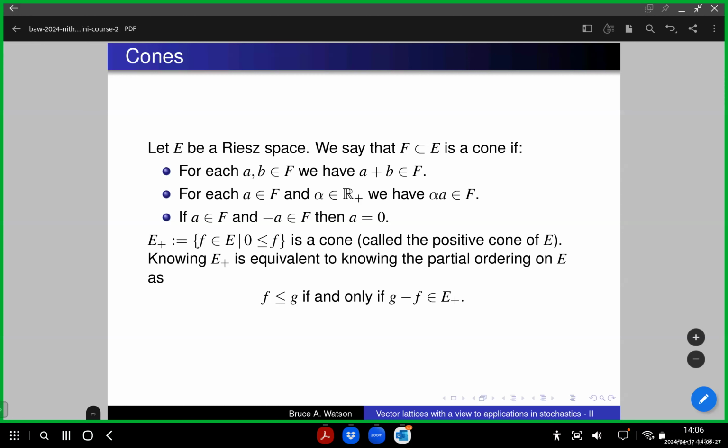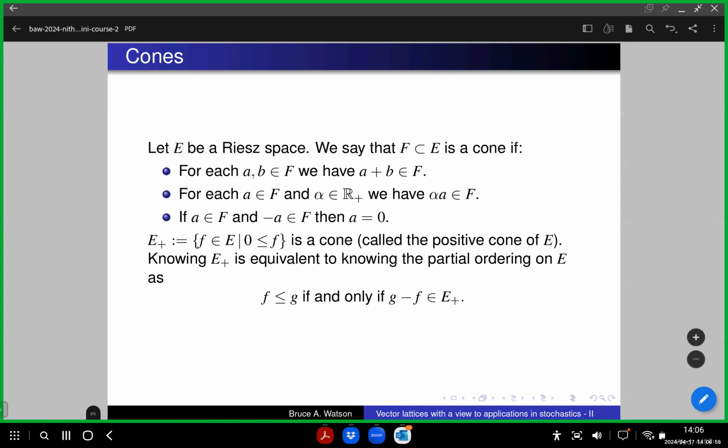Furthermore, if you are given a set that obeys these three properties, it induces a partial ordering on E. So knowing your cone, or knowing your positive cone with respect to your partial ordering, or knowing your partial ordering, are equivalent to each other under the following relation.